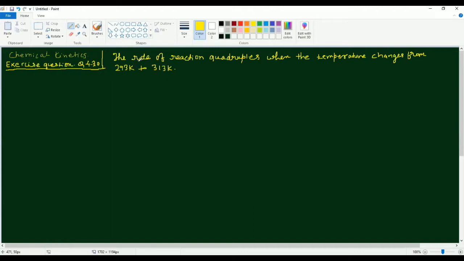So with this data, we have to find out or calculate the activation energy of the reaction.